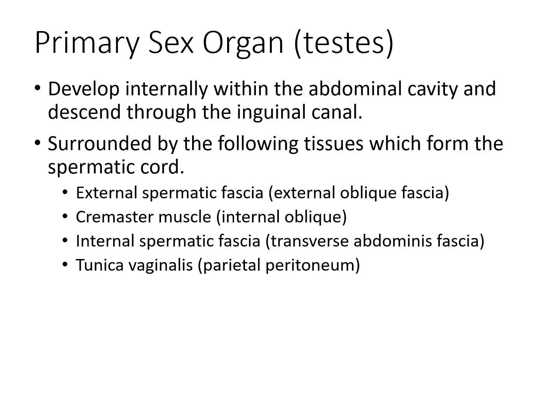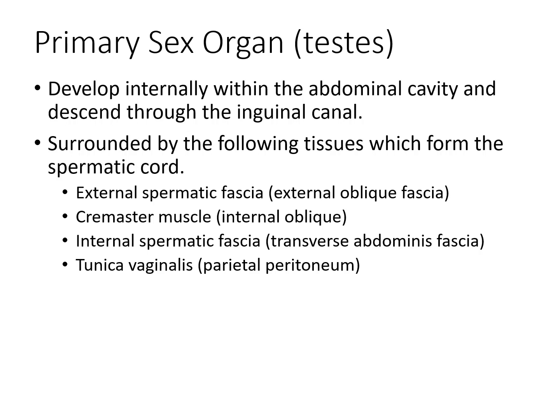So you can see a couple of things, and you'll see an image on the next slide. I'll just kind of read this: the external spermatic fascia, which can be traced back to the fascia of the external oblique musculature. The cremaster muscle, which is a remnant of the internal oblique.